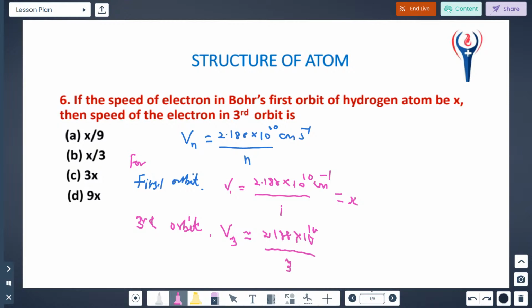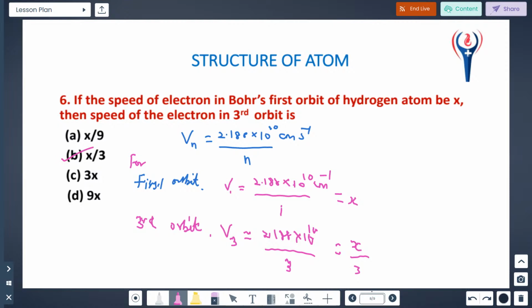Here, instead of 2.188 into 10 power 10, we can put x. So it will be x by 3. Are you following? So the answer is B, the correct option.